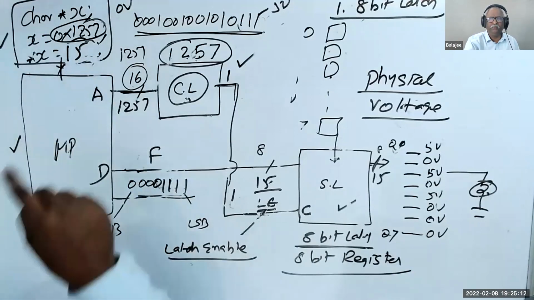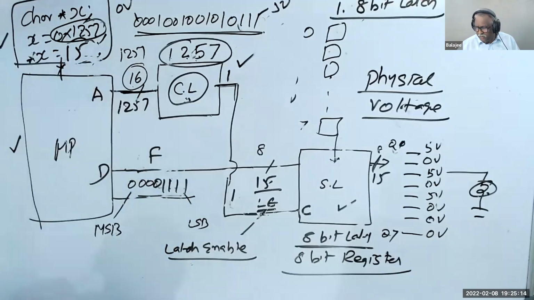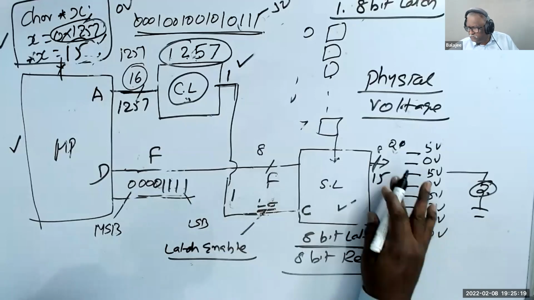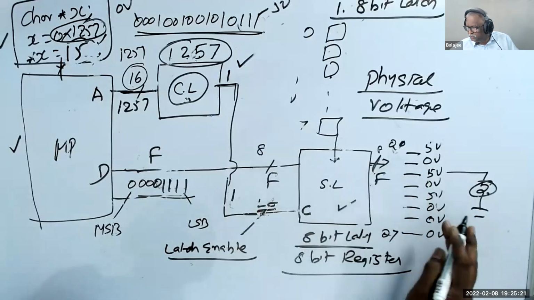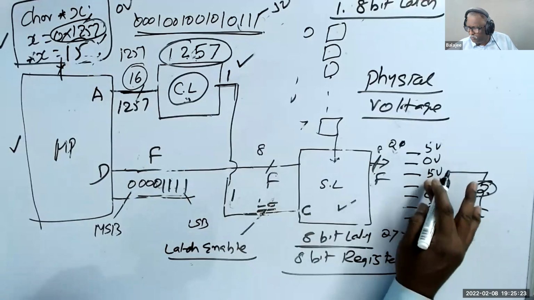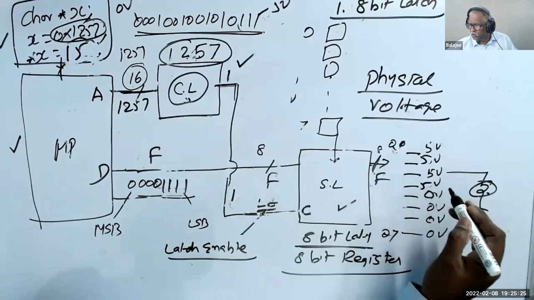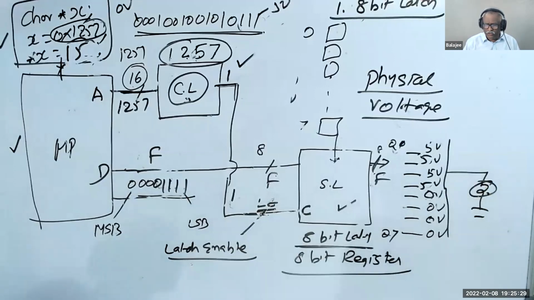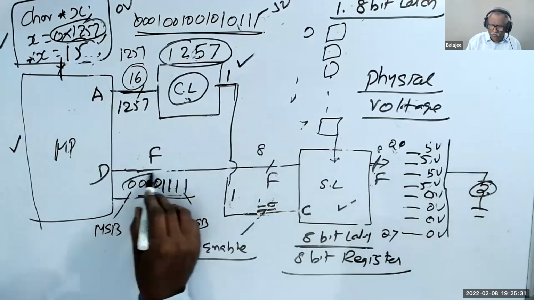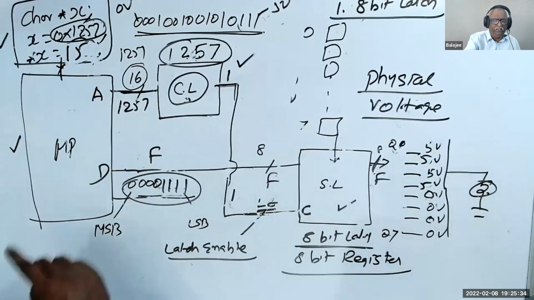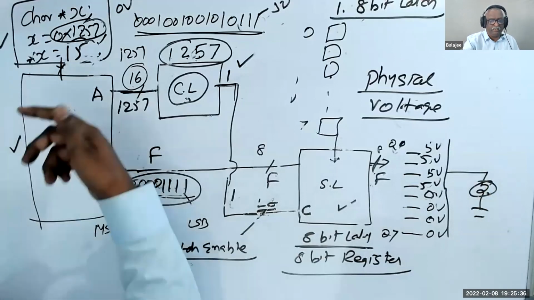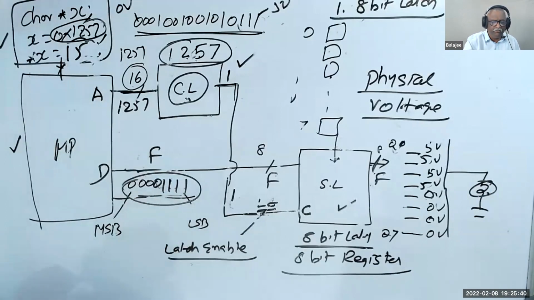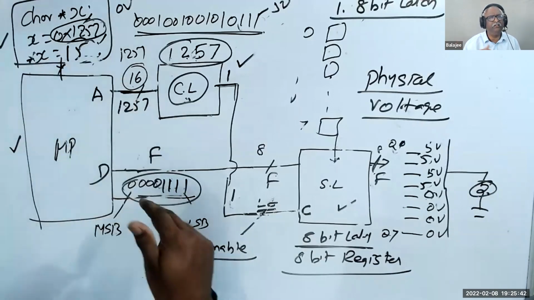If you write 15, then it becomes F, and all the wires become 5 volt. So 4 wires become 5 volt, and the other 4 become 0 volt, that is 0, 0, 0, 0, 1, 1, 1, 1. If you give decimal, the compiler will convert it to binary like this. If you give hexadecimal, it will convert it the other way. That's the way.